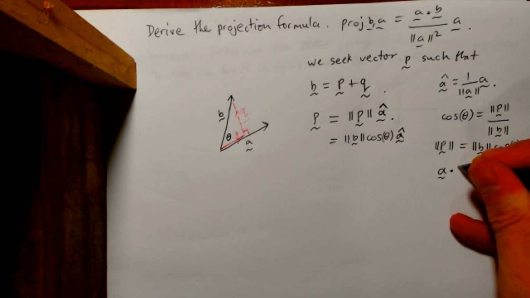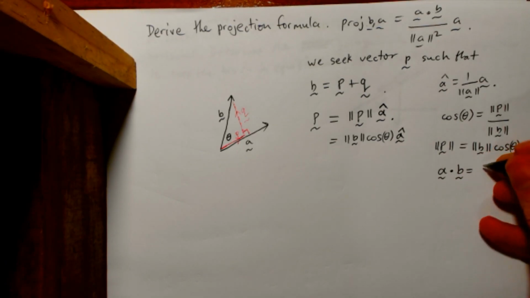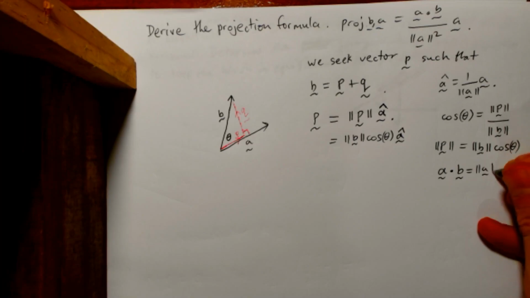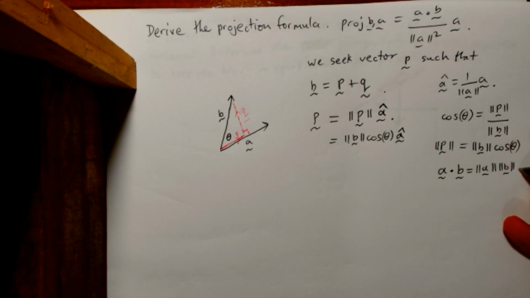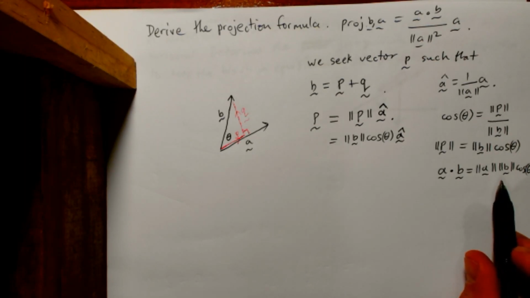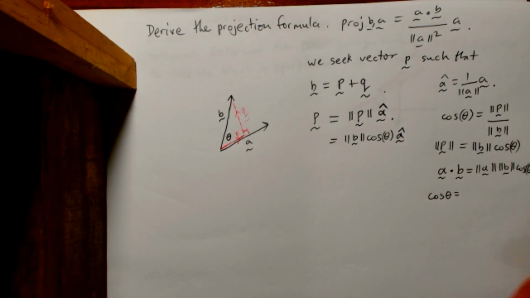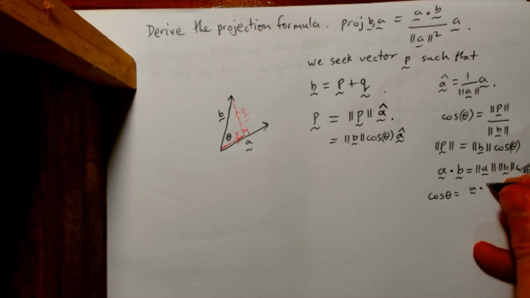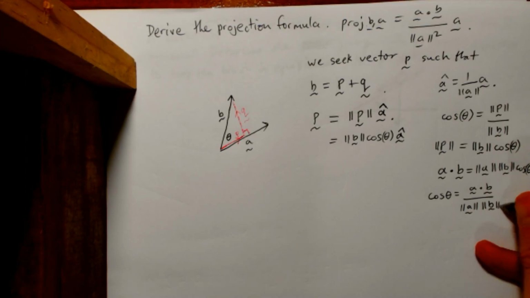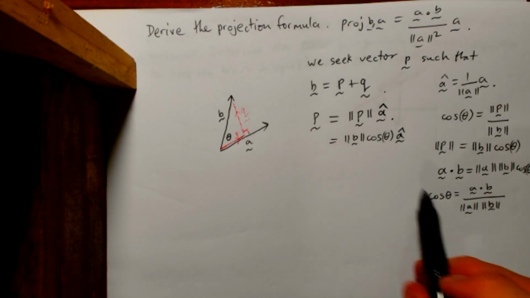A dot B is equal to the norm of A times the norm of B cos theta. I can rearrange, solving for cos theta: cos theta is A dot B over the norm of A times the norm of B, and now we can sub that in there.